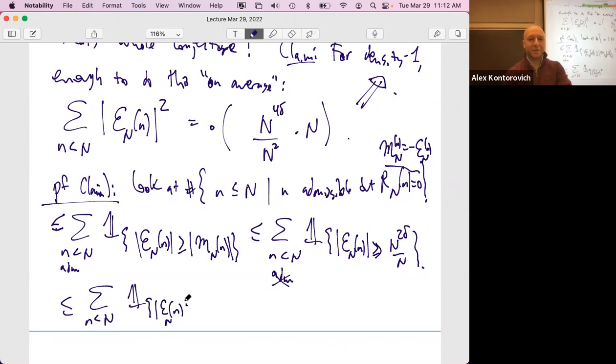The error term is at least n to the 2 delta over n. And I'll multiply in something that's bigger than 1. That'll make this only bigger. But E_n over n to the 2 delta minus 1 is bigger than 1, and it'll be convenient to square it.